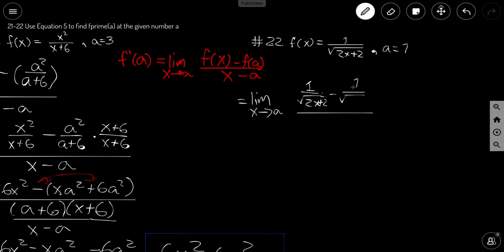And wherever there's an x, we're just going to plug in an a for this side. Then it's going to be all over x minus a.